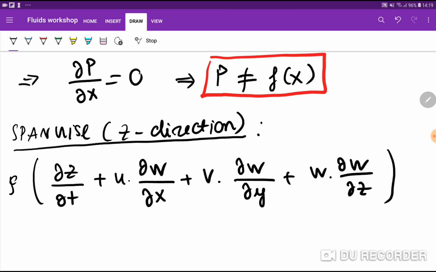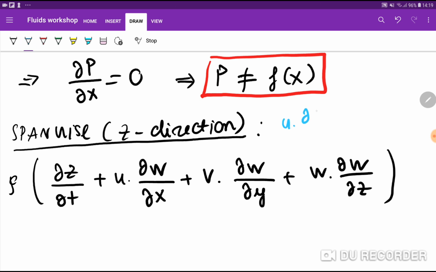By the way, y'all see the trend? It's always u, v, w, and then the partial of the candidate. So let me make a note here. It's kind of interesting.